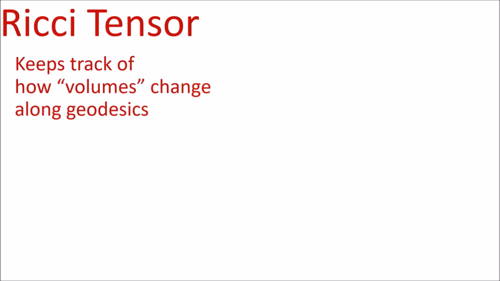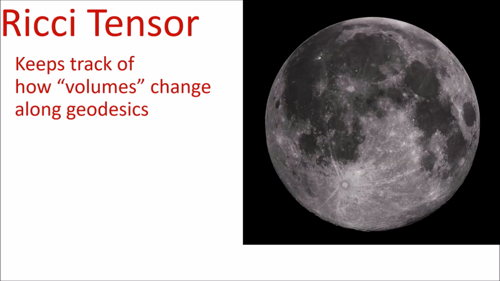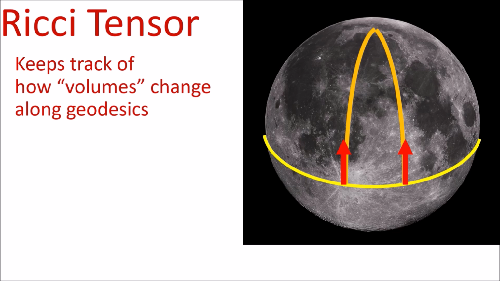So, as I said, the Ricci tensor is the thing that helps us keep track of volume changes along geodesics. So let's take a look at an example of this on a 2D surface, the 2D surface of the moon. Let's say that we have two people standing on the moon's equator facing north, and both of them are going to walk straight forward along geodesics that point north.